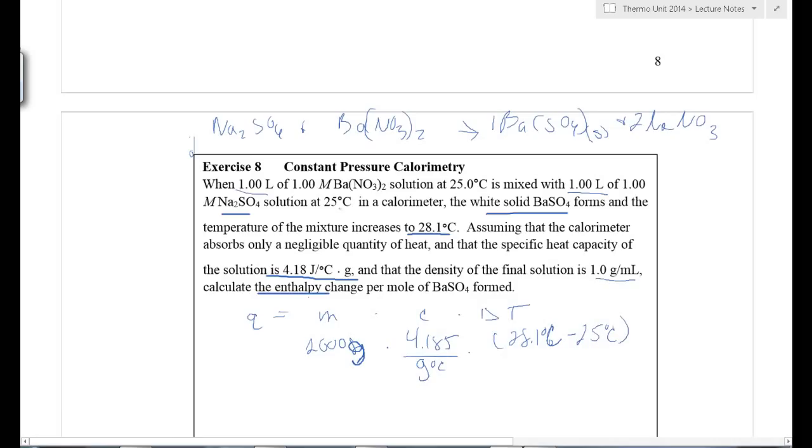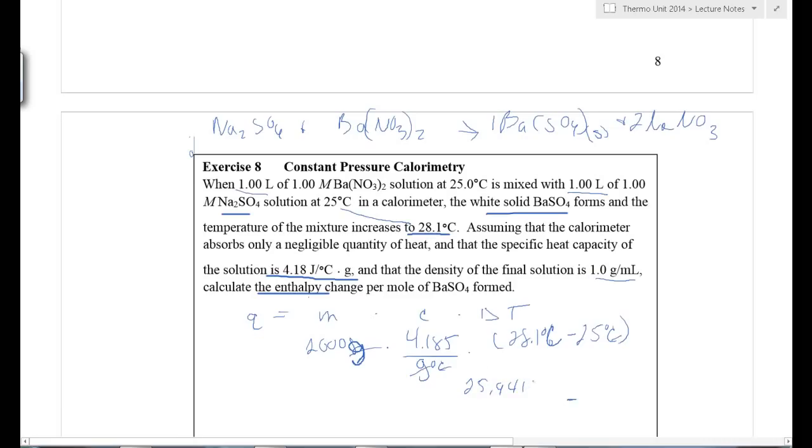Now, again, I'm going up in temperature, so I know right now I'm going to have a negative enthalpy. Alright. So if I multiply 2,000 grams times 4.18 joules, my grams cancel, my C cancel, I'll get my change in temperature here. And when I plug that into my calculator, I get 25,941.